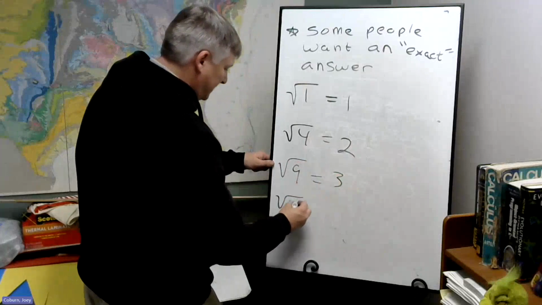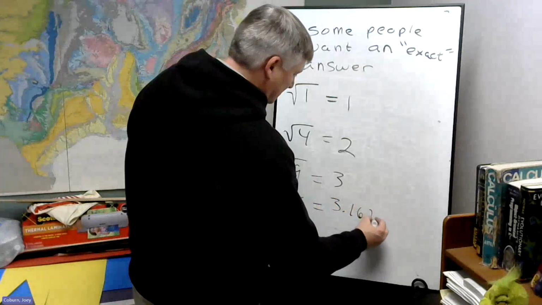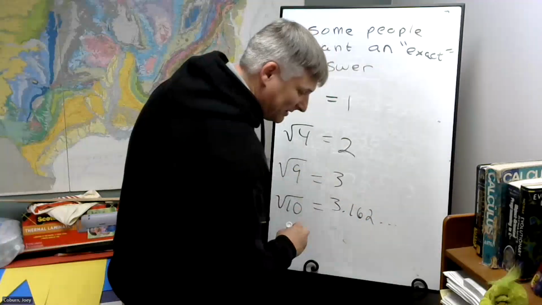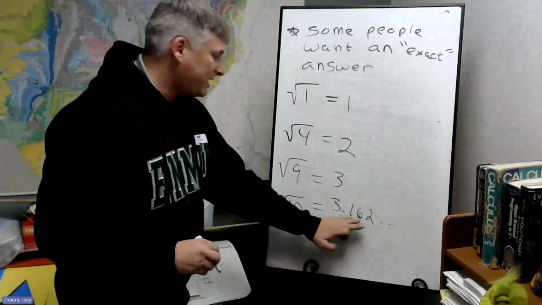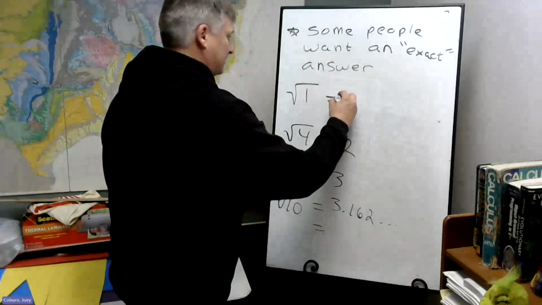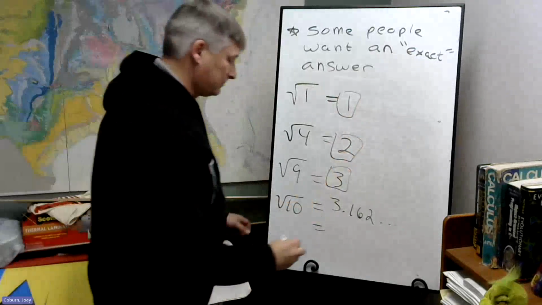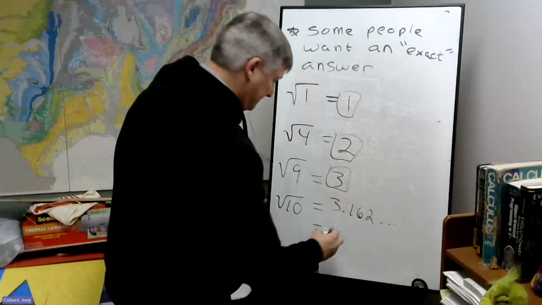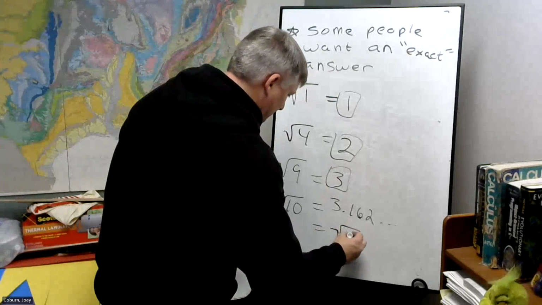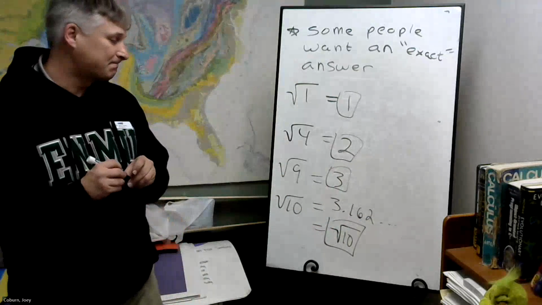But the square root of 10, as we saw, is 3.162, and it goes on and on and on. So when this happens, if they want an exact answer or a symbolic answer, we'll just write it as the square root of 10.